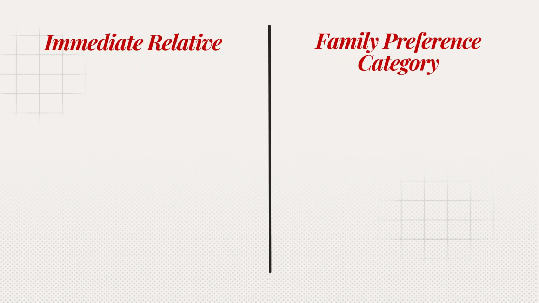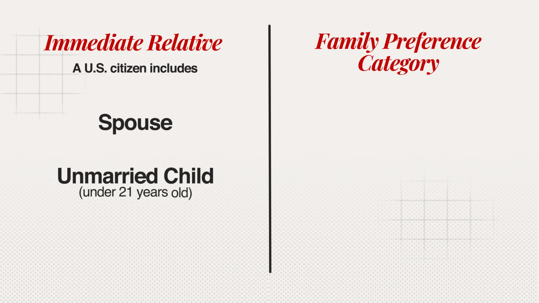Alright, so first, a couple of important distinctions for you to understand before we move into the process overview. I already did this in my family-based overview, so if you've already watched it, feel free to skip it. But if not, stick with me. The first distinction is the difference between an immediate relative versus a family preference category. An immediate relative of a US citizen includes a spouse, an unmarried child under 21 years old, and the parent of a US citizen who is at least 21 years old.